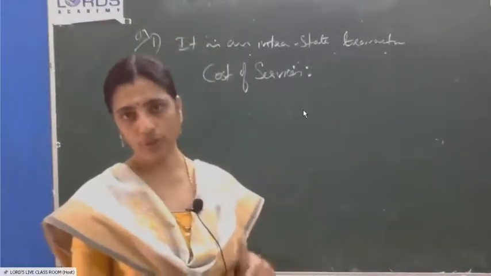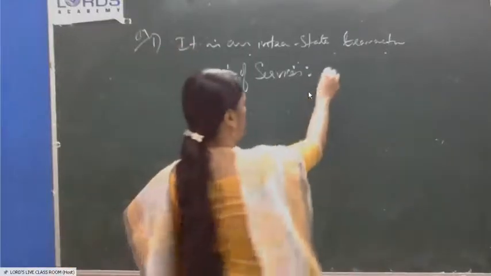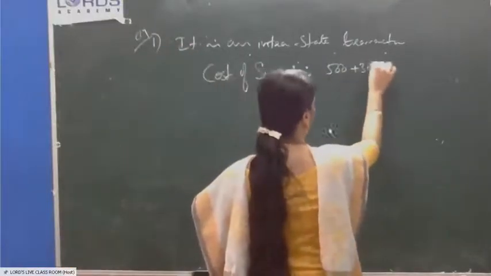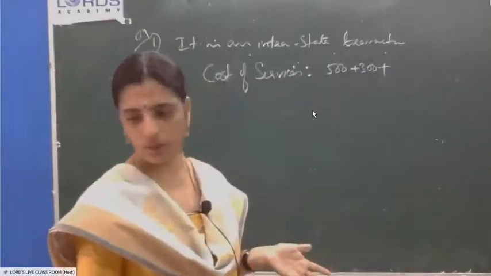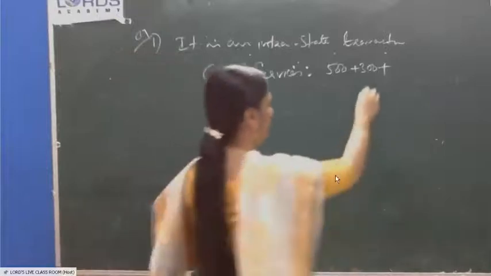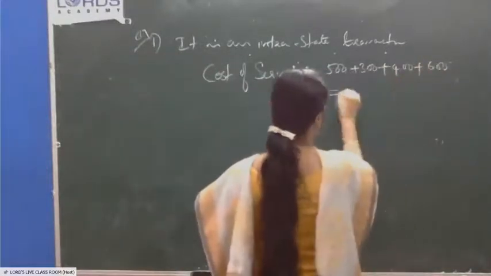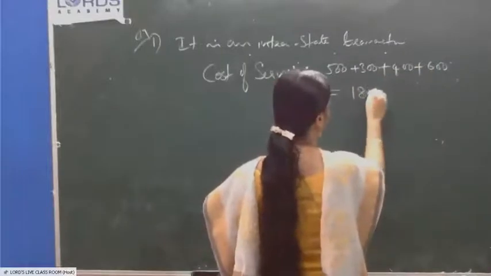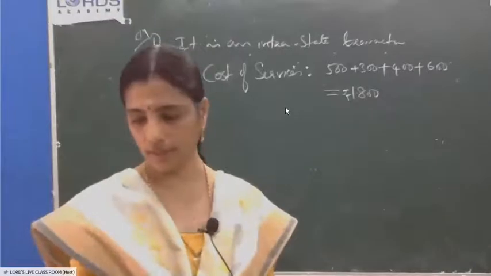But for all same rate. So why can't we add? I told you, calculations are all easy. Just to know how to do, that's all. 500 plus 300, 400 and 600. How much? 1,800, no? This is the total cost of services.